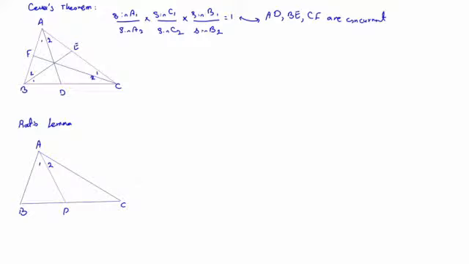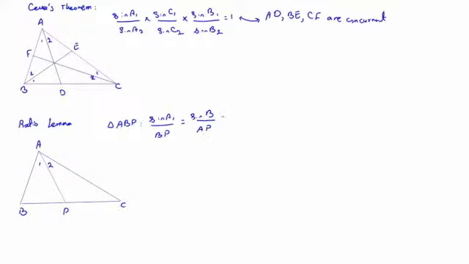So if you use the sine law in these two triangles, you can conclude, for example, in the first triangle ABP, sine A1 over BP equals sine B over AP.